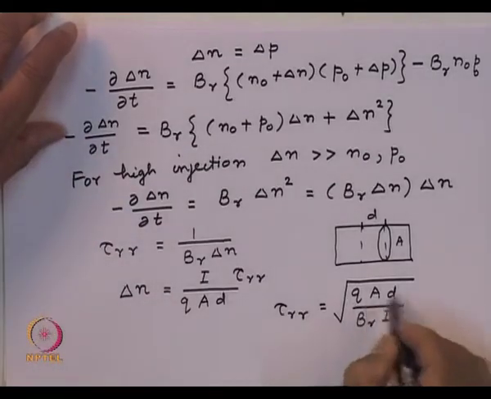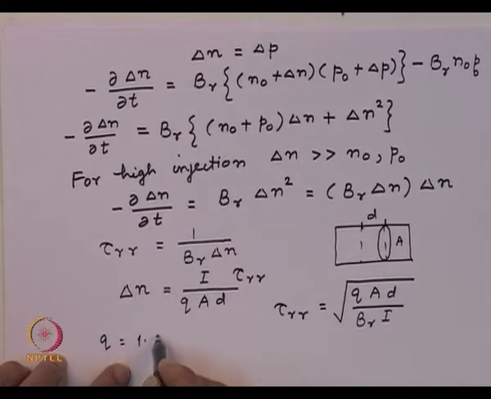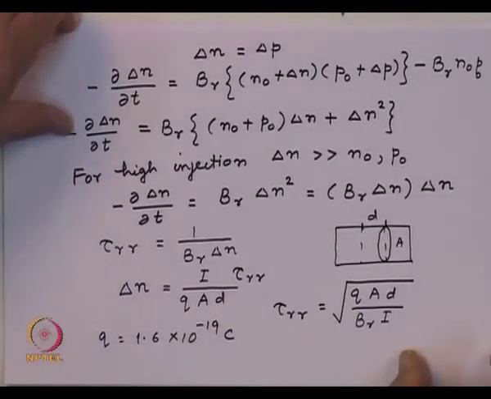Now, all these quantities are given here. The q is the electronic charge, which is given. So, q is 1.6 times 10 to the power minus 19 coulomb. The area of the LED junction is given because it says that the LED has an emitting area of 50 micron diameter.